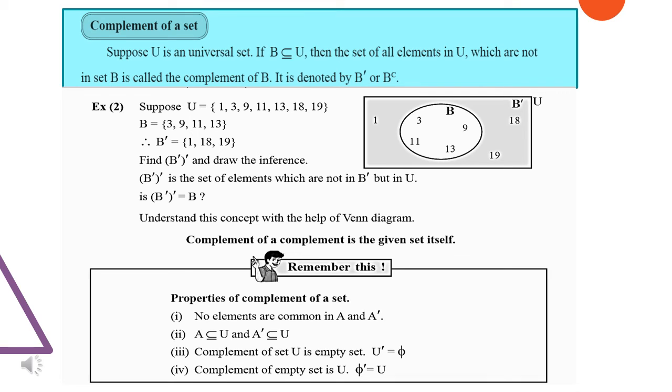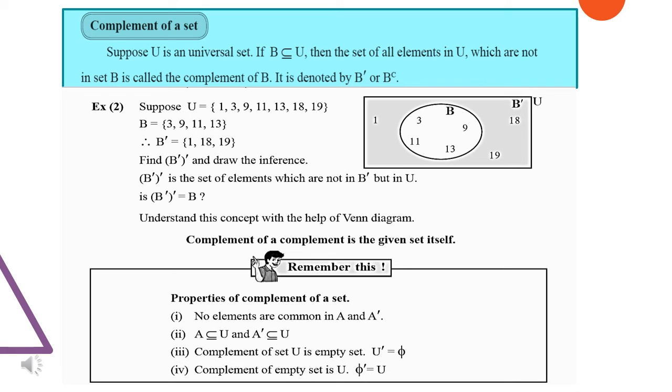Now look at some of the properties which are given here. Before that, can you see that statement which is highlighted above? Remember this? Yes. Complement of a complement is the given set itself. We will try this out when we solve our examples. Now some properties to remember of the complement of a set. No elements are common in A and A complement.